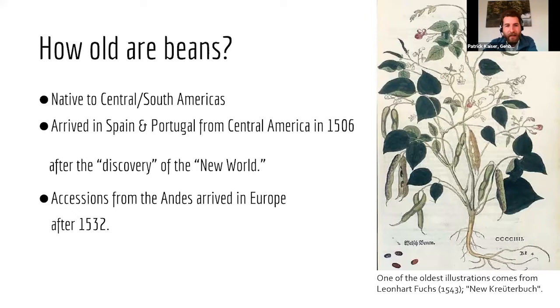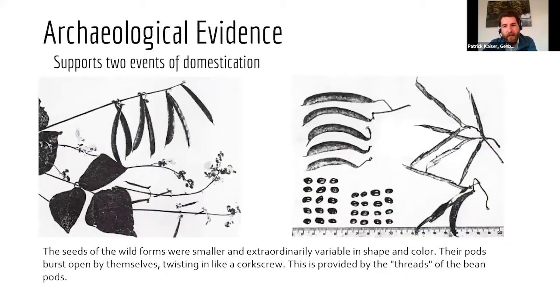The archaeological evidence shows that domestication took place in two different areas at the same time. So we have evidence that it was started and cultivated in the Andes area, but also in the Mesoamerican area.